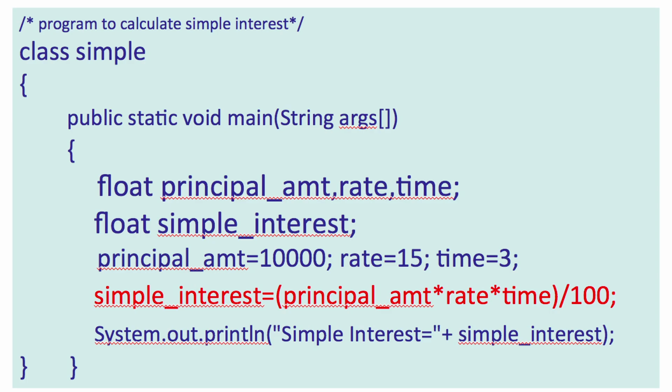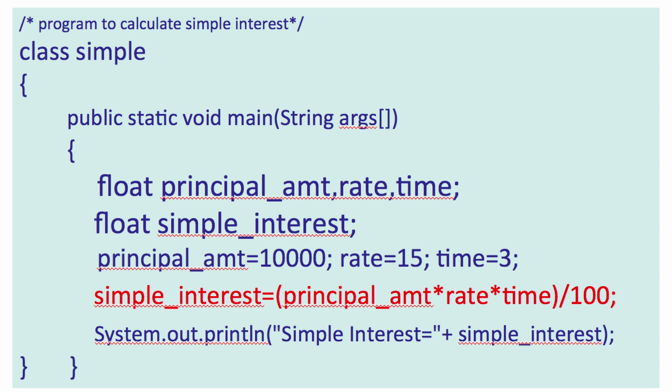Now see the next line, the fourth statement inside this public static void main, that is the formula statement. I have colored it red. Simple interest equals principal amount times rate of interest times time divided by 100. So, this is a very simple program. By this program we are calculating simple interest.